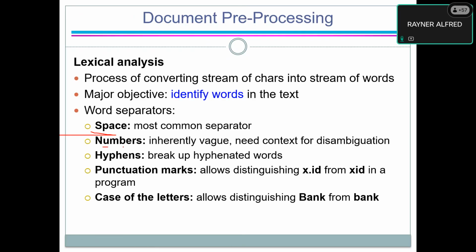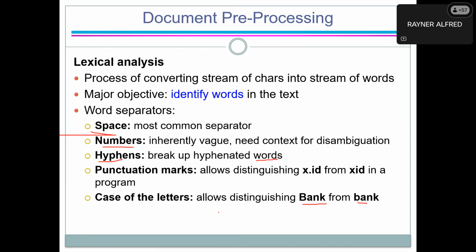We ignore the numbers. For hyphenated words, we want to break them into 2 words. Then punctuation marks, and then case of letters. All of these have different syntax and also carry some meaning.